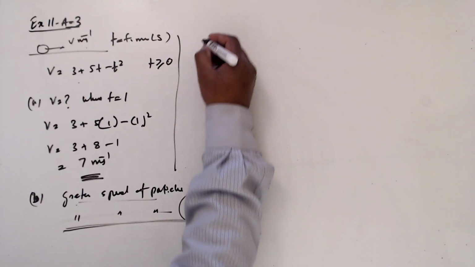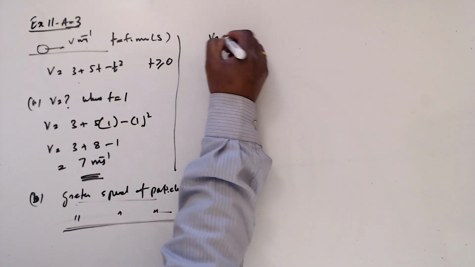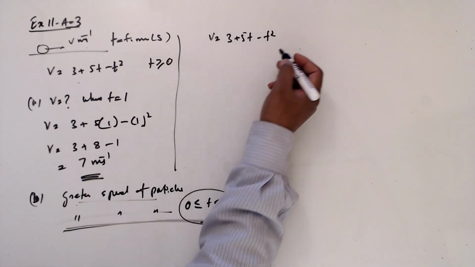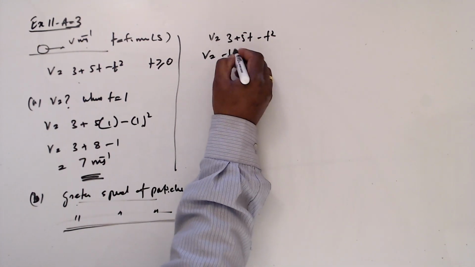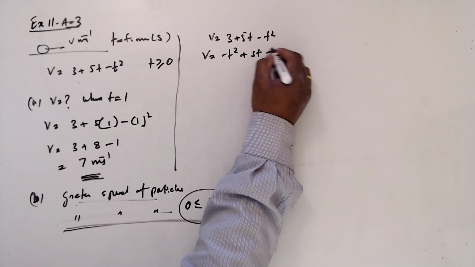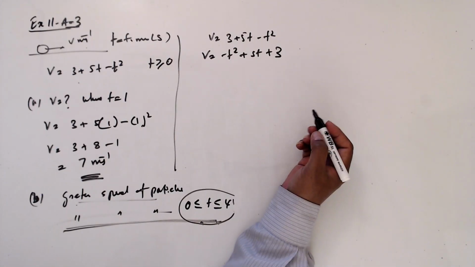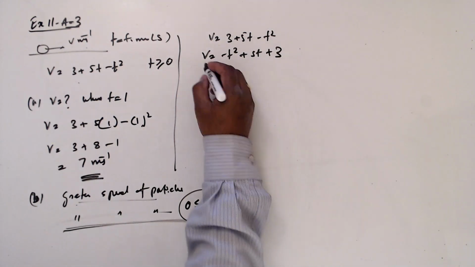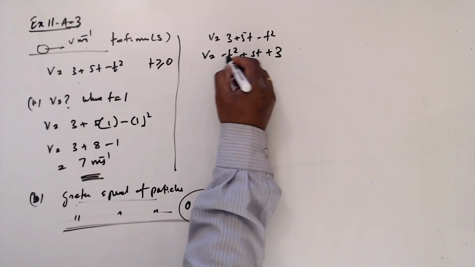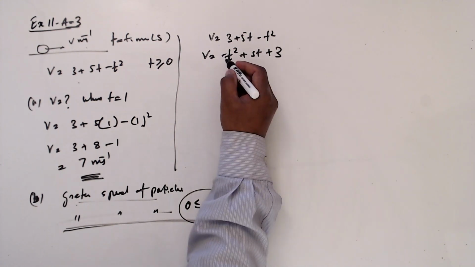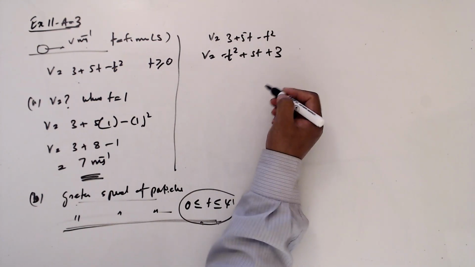So this is v equals 3 plus 5t minus t squared, so v equals minus t squared plus 5t plus 3. I want to find the maximum value. This is a quadratic, and since the coefficient of t squared is negative, it has a maximum.